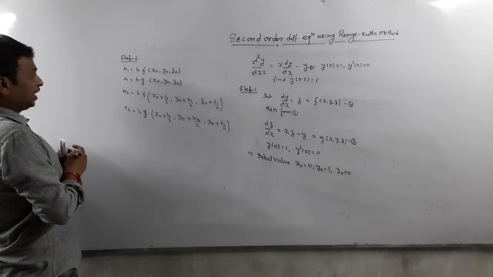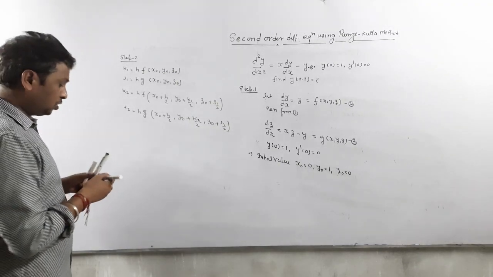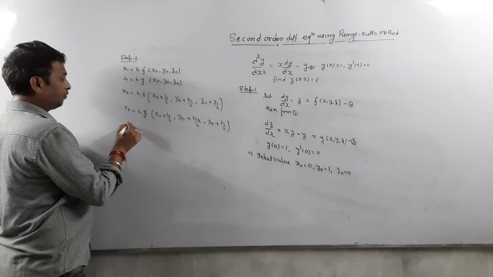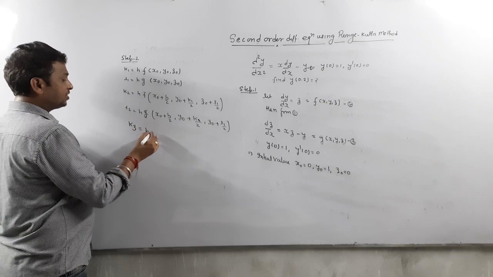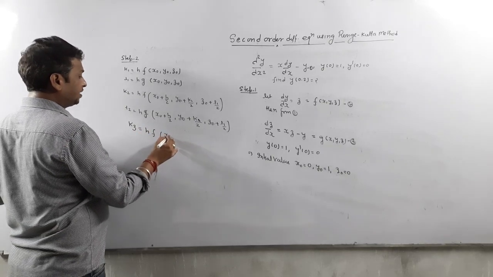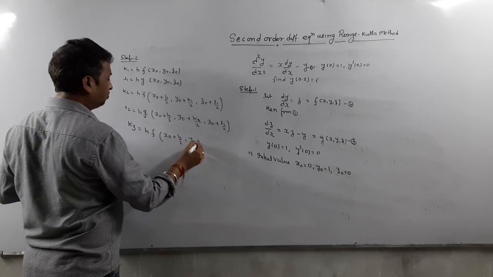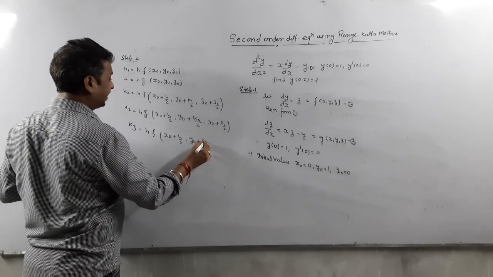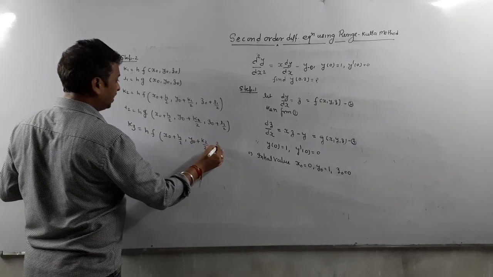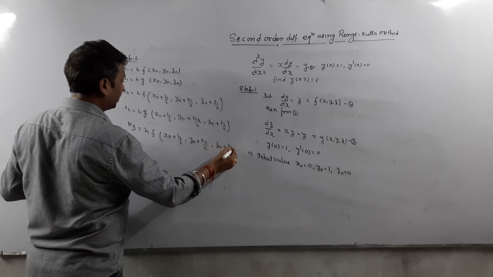Once you have k1, k2, L1, L2, go for k3 and L3. What is k3? h f at x0 + h/2, y0 + k2/2, and z0 + L2/2.